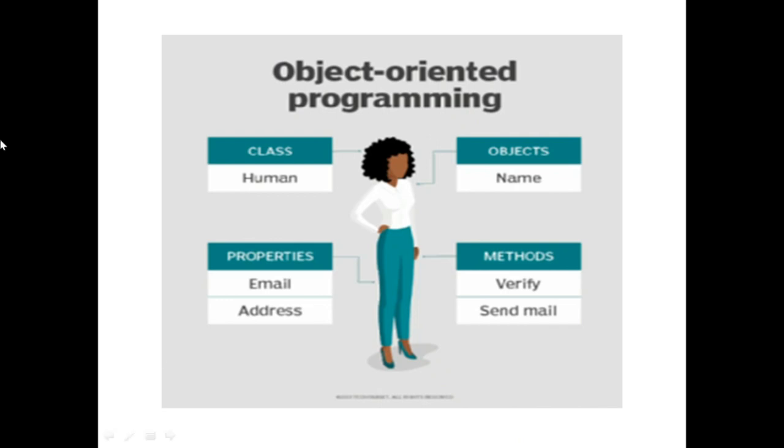So a human being is a class, and an object could be a name, let's say Mickey. The name of the lady could be Mickey. So Mickey is a living example of humans.